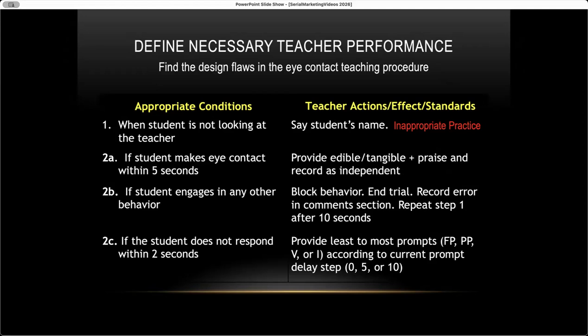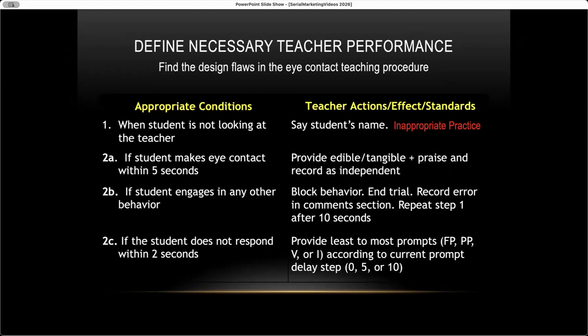If you remember back to the content analysis, in order to teach, this is a discrimination on the student's part, right? So the student should only be looking at the teacher when the teacher says the student's name, not when the teacher says somebody else's name or the student's already looking at the teacher or whatever. So unless the procedure allows for practice that will produce appropriate discrimination and generalization, it's inappropriate practice.